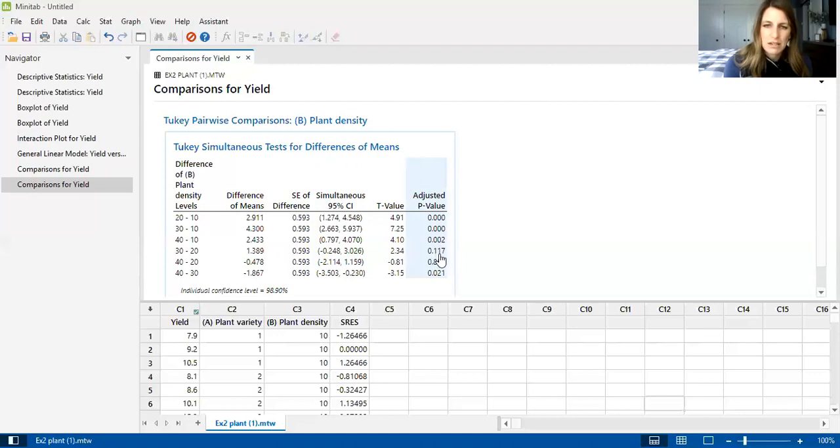Right here, I have it for the second to last and third to last. It means 30 and 20 are statistically the same, and 40 and 20 are statistically the same. So all the others are statistically different, and this is where the ranked means really come in handy, right?